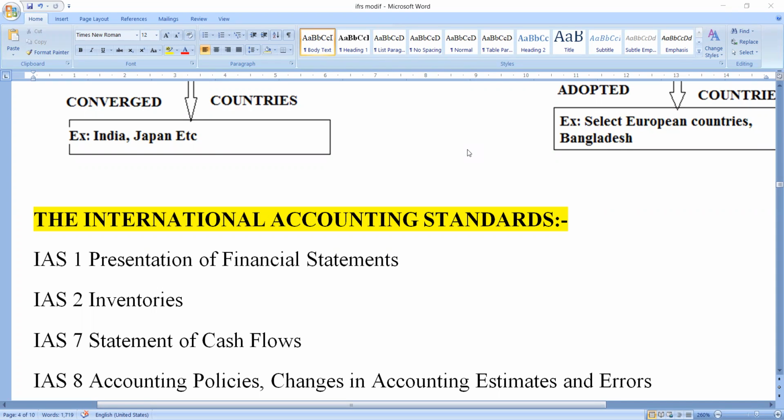In the previous class, we discussed GAAP, Generally Accepted Accounting Principles, and another topic called the International Accounting Standards. In this class, we are continuing to explain the International Accounting Standards.